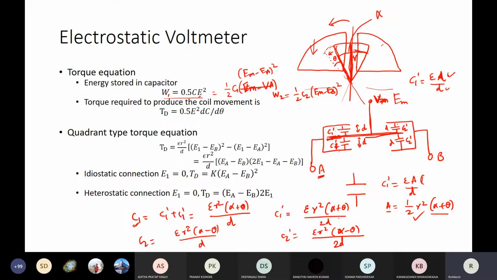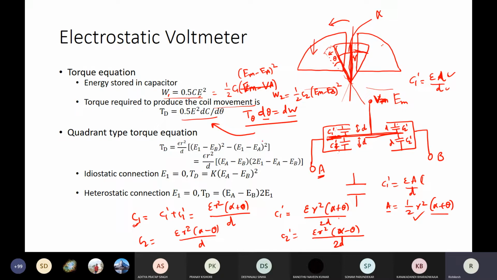Fine. Now the torque which is required to produce the movement is given by this expression, which is derived from here. So this is the energy stored in C1, the energy stored in C2, and we simply add them together and compute the derivative with respect to theta. That change in energy with theta will give me the torque, right?